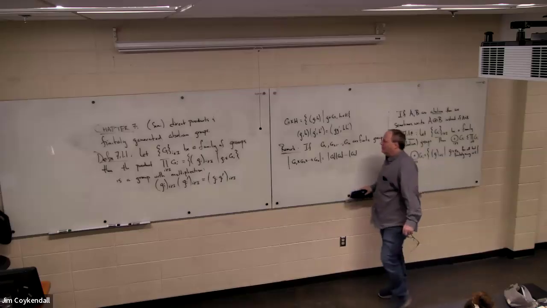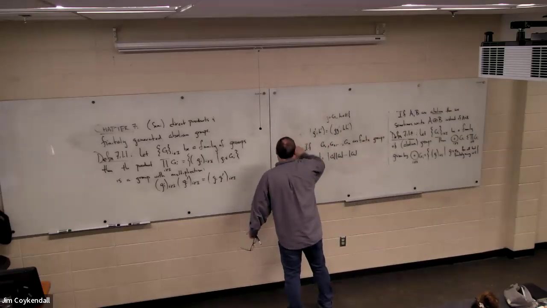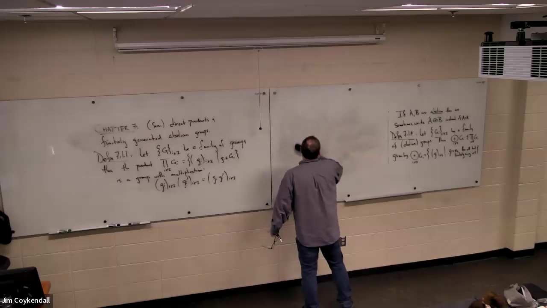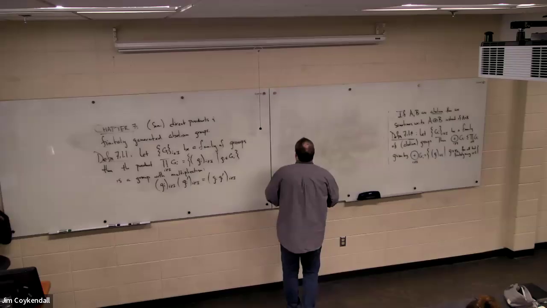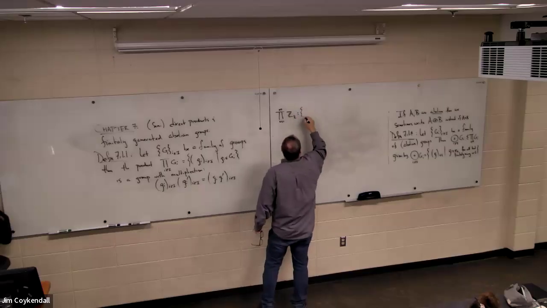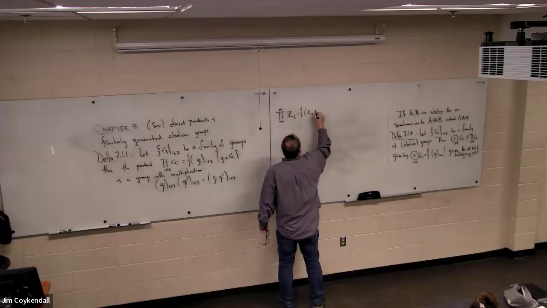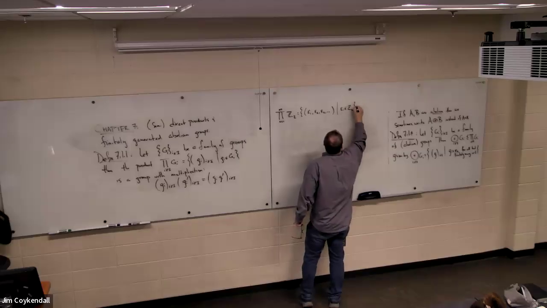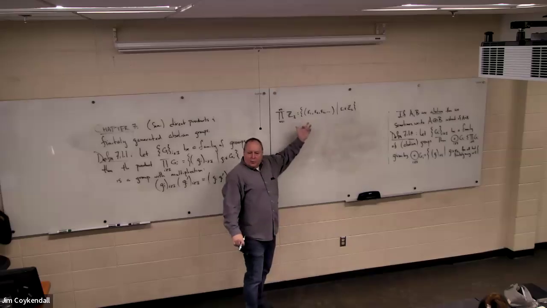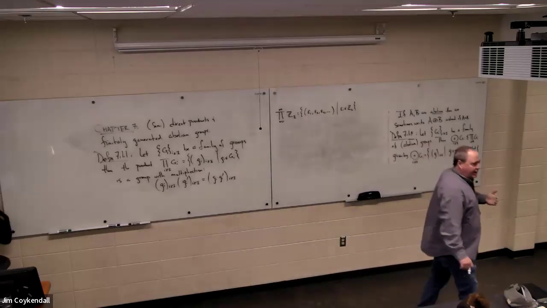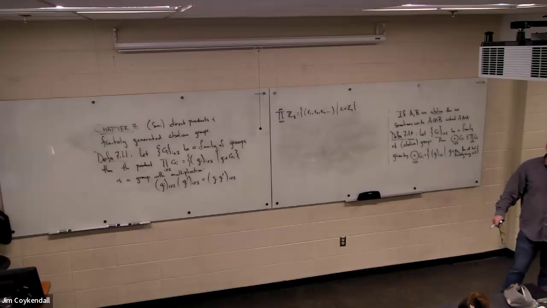Okay, so let me clarify what's going on here. What's the distinction here? Let me take a simple example. If I look at the direct product of Z2, you might think a typical element of this has infinitely many coordinates, and all those coordinates consist of either 0 bar or 1 bar.